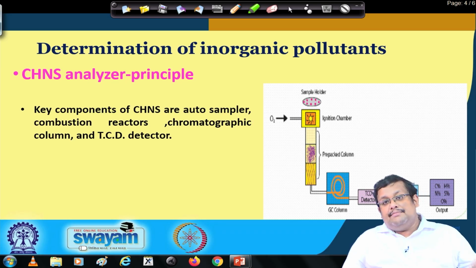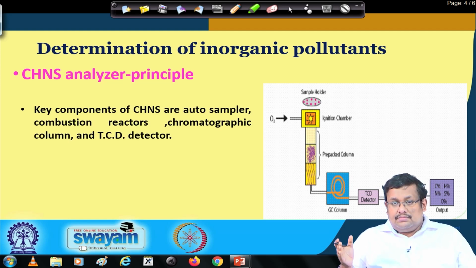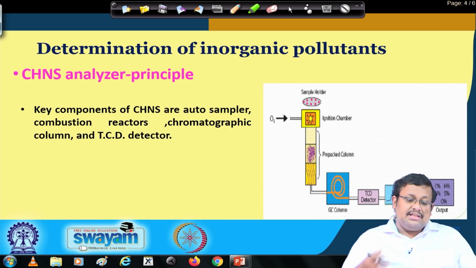So, if there is a budgetary constraint, people generally go with the Kjeldahl method instead of CHNS analysis, because CHNS analysis is costly. Although it is accurate, although it is precise and requires less amount of time, it is costly, and also the consumables, specifically the gases, are very costly in nature.